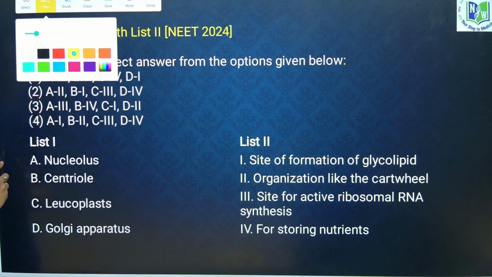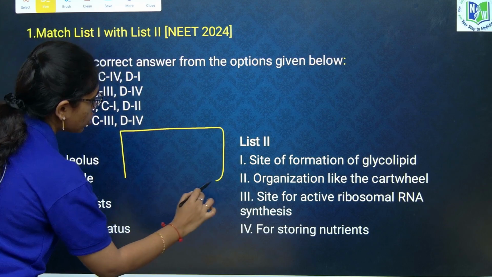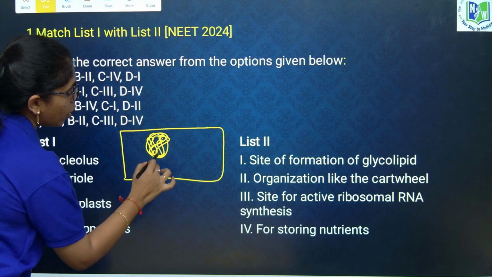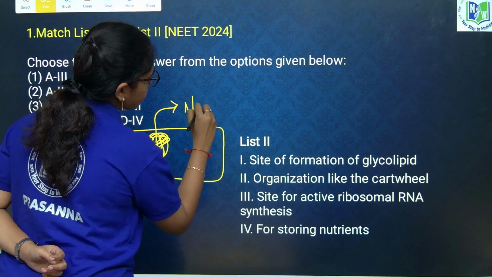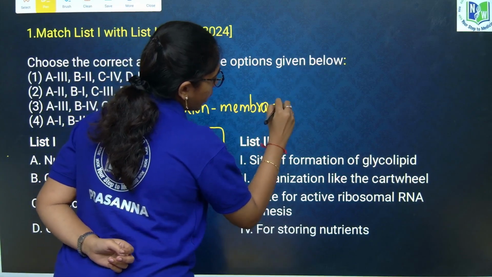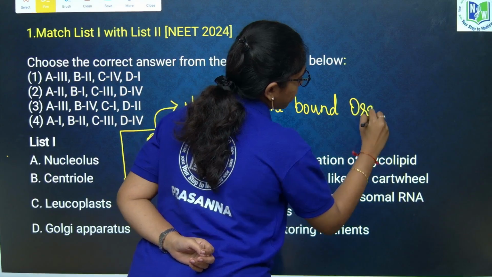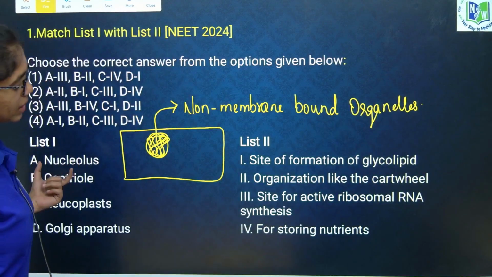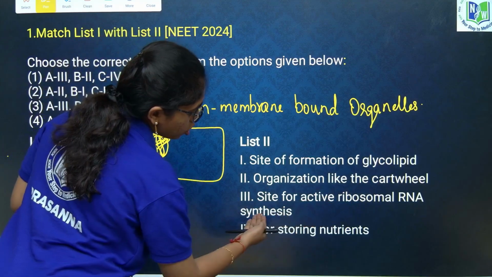If you look into the nucleolus, nucleolus is a non-membrane bound organelle present in nucleoplasm. It is the site for active synthesis of RNA.